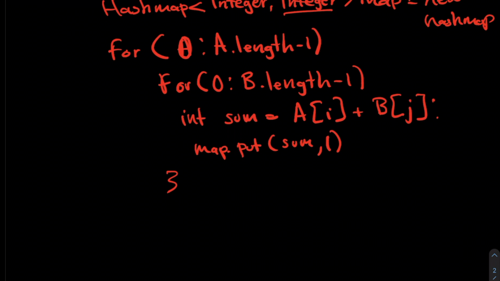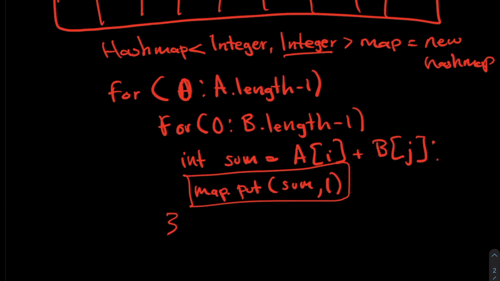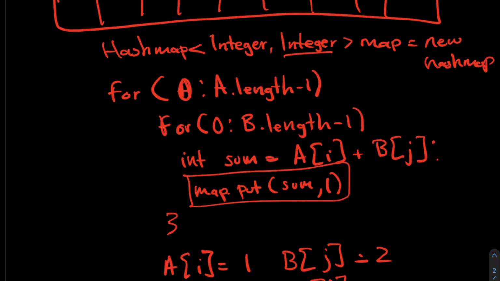Now you'll see that this is not actually going to work because you're going to end up in a situation where you have multiples. What if you have multiples of the same number? You have a of i is equal to 1, and b of j is equal to 2. You could also technically have a of i equal to 2 and b of j equal to 1, right?